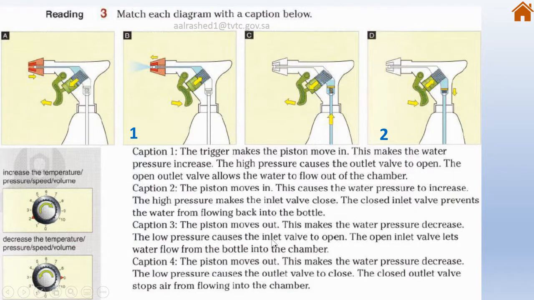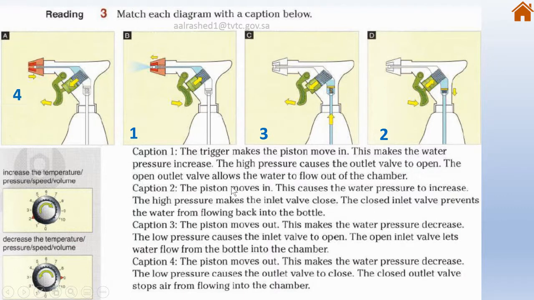The low pressure causes the inlet valve to open. The open inlet valve lets water flow from the bottle into the chamber. So this is the chamber. Here is the bottle. Okay, 3. As you can see, we prevent it from going to the chamber here.